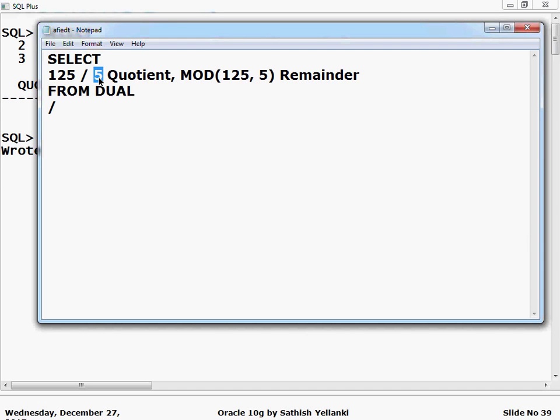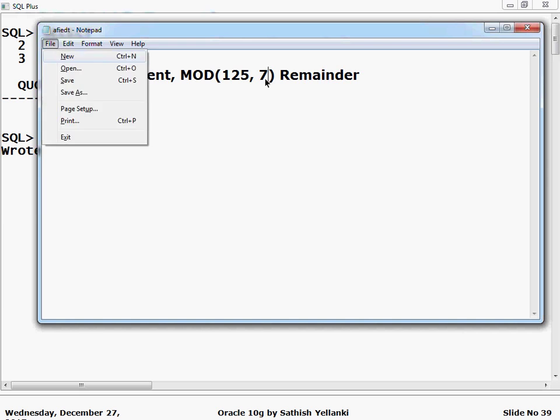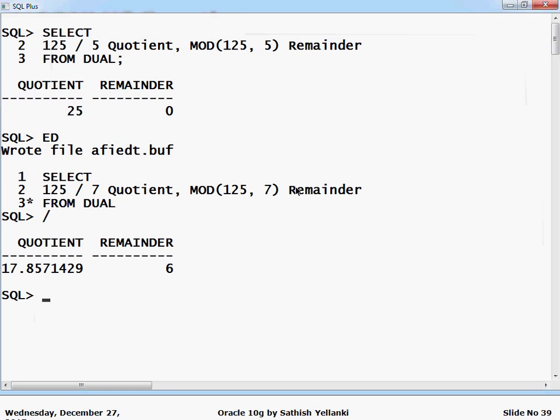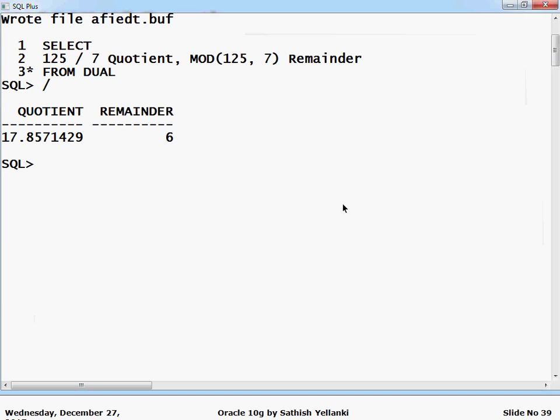You can call it with any of the fundamental figures you are trying to use. It always returns the result very accurately to the decimals. I already said 38 digits of decimal accuracy is followed.